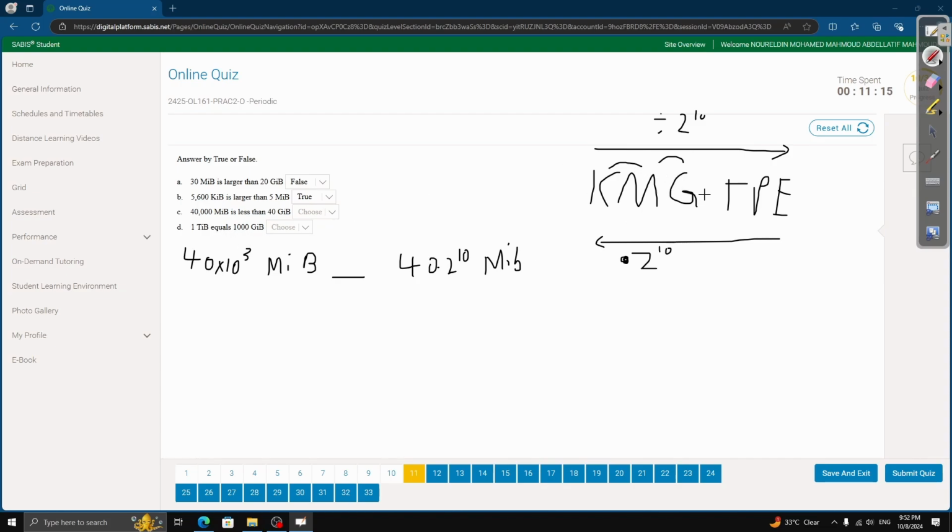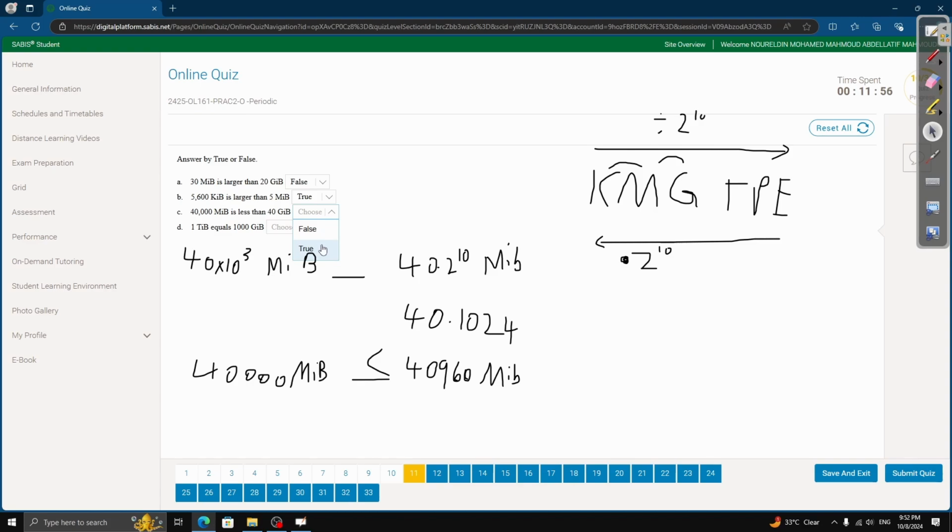Same reason. Gigabytes to megabytes, multiplied by 2 to the power of 10. This is 40,000 times 1024, which you get 4,060 megabytes. And this was 40,000 megabytes. Looking at this, you can say that this indeed is true.